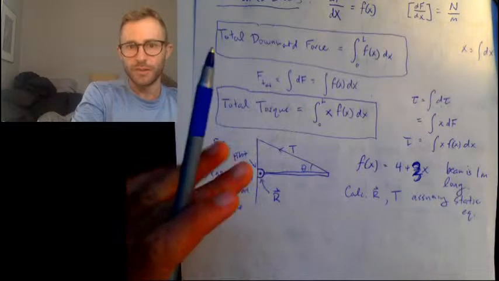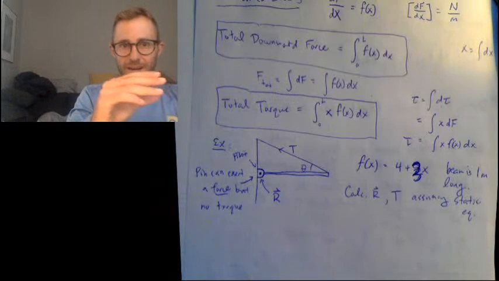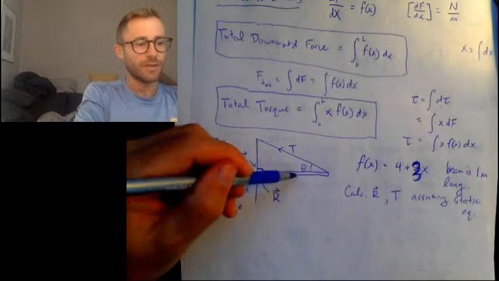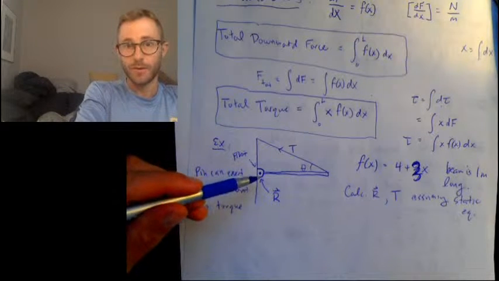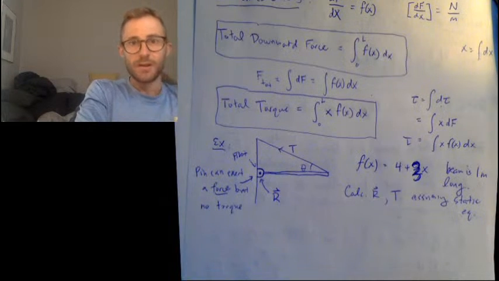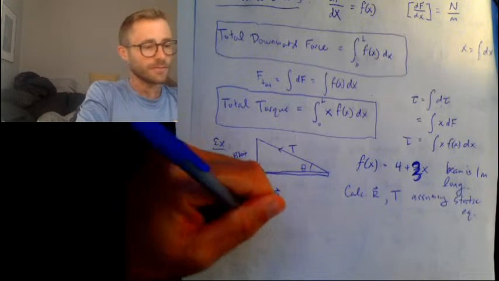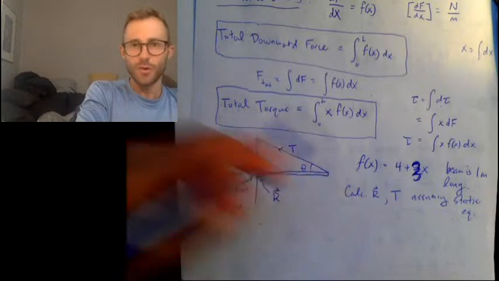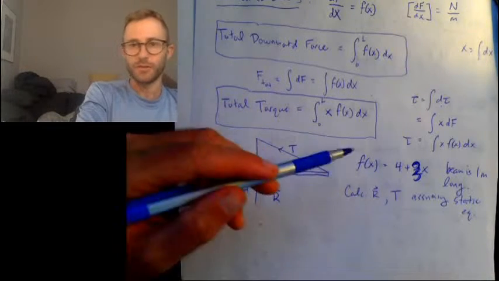So that must mean that the beam is getting thicker, or it's made out of a heavier material, or it has more stuff out here than it has over here. So we do these integrals so that the total downward force due to the load, the load exerts this sort of downward force.